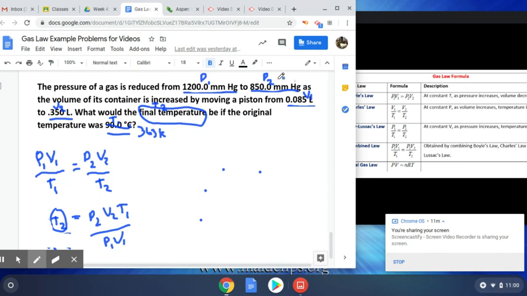So P2 is going to be 850. And then V2 was 0.350.